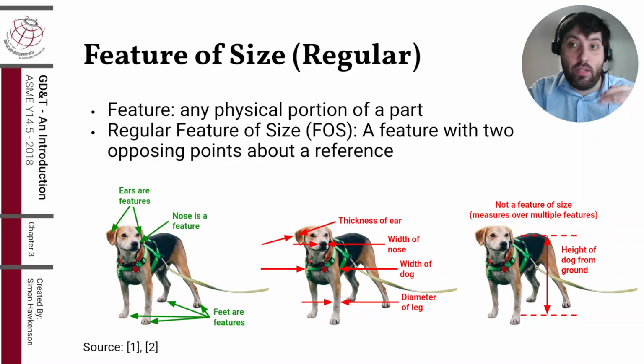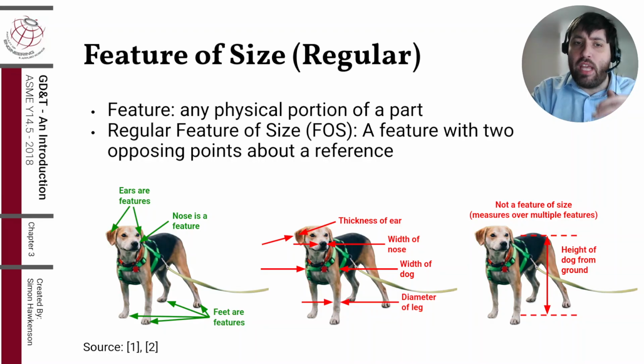That is the important part. It's about a reference. That may not make a lot of sense right away, but for now, I would say it's best to think about it that if you're taking a dimension over multiple features, it isn't a feature of size. So here you could say the dimension is taken from the feet, to the legs, up all the way up to the body. It's not a feature of size.